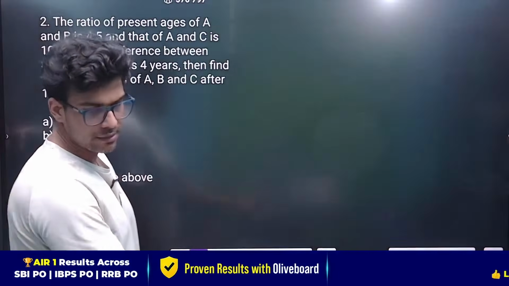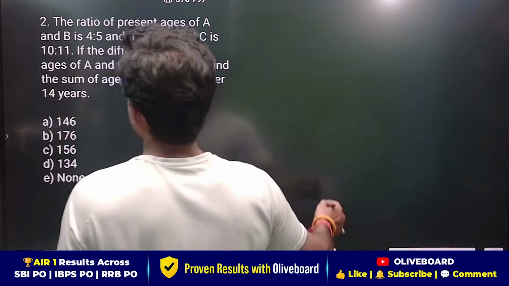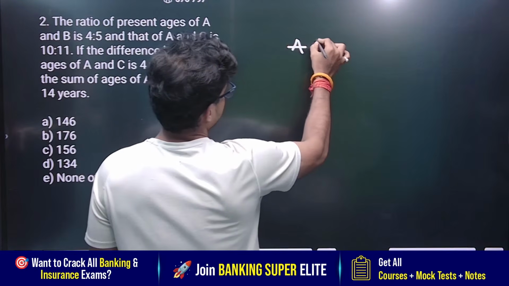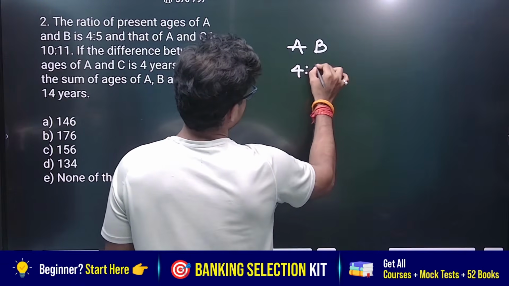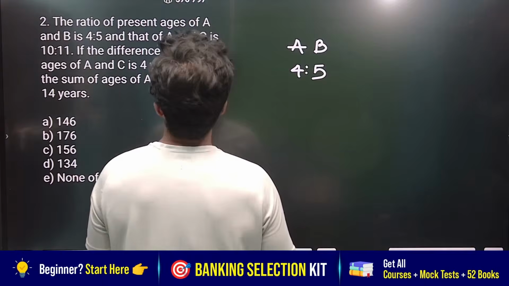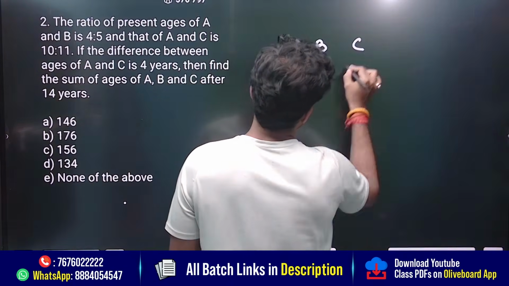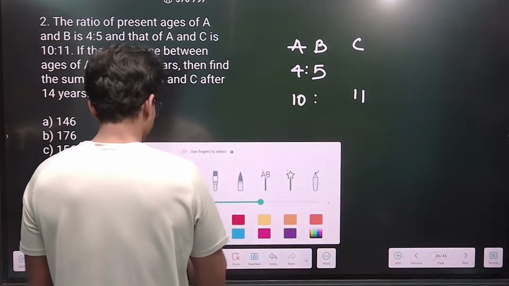Let me check. So guys, the ratio of A and B is 4:5. A and C is 4:... but we need to make 4 common here.